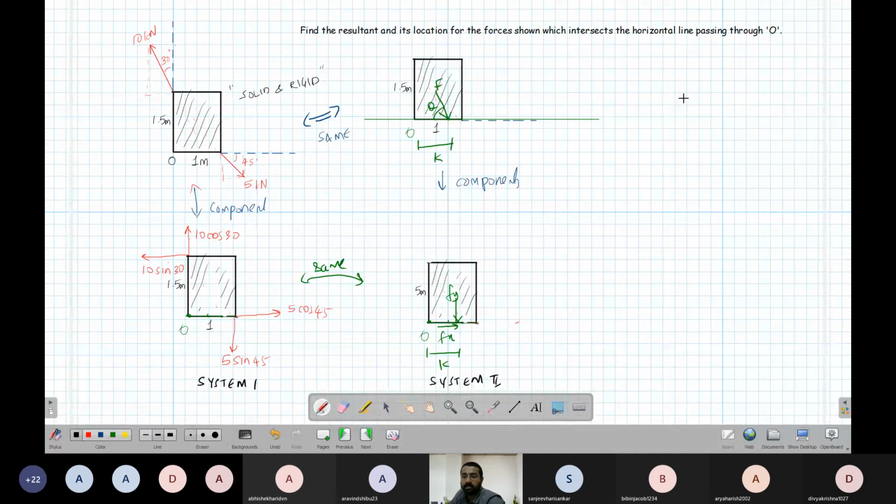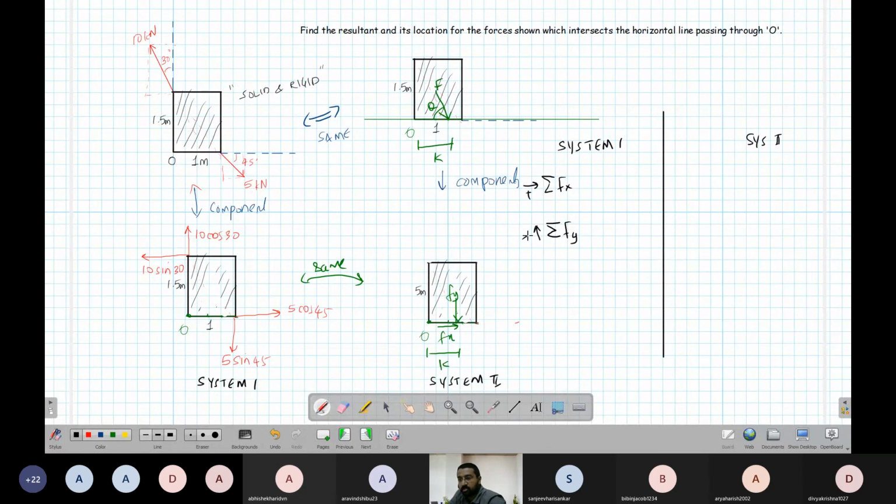So if I write, the summation of forces in the x direction of this system should be equal to that of the other system, because we are representing them as equivalent. The summation of forces in the y direction of this system should be the same, and the moment about O, because we are trying to find about O. O is our reference. If it is another point, you can take that point. Anticlockwise is positive. So in both systems these will be the same. Then the systems become the same.